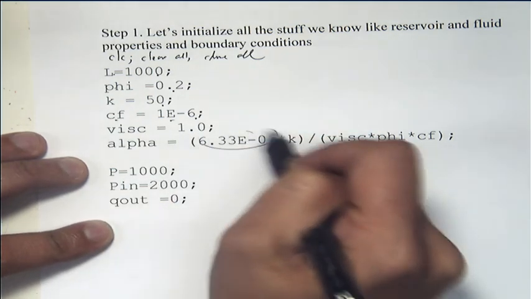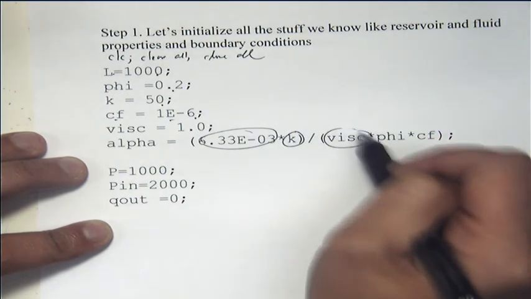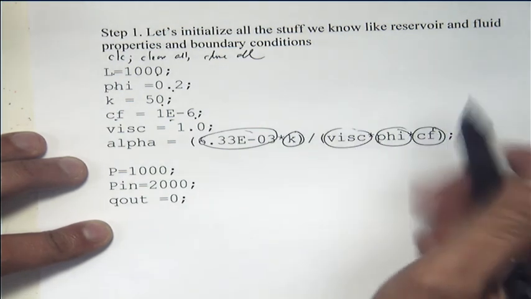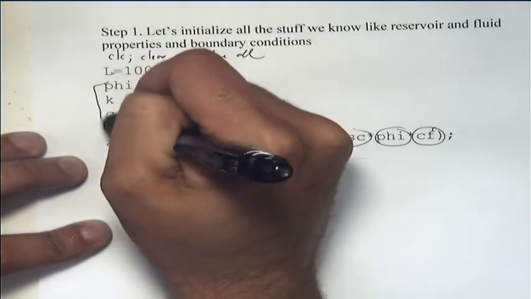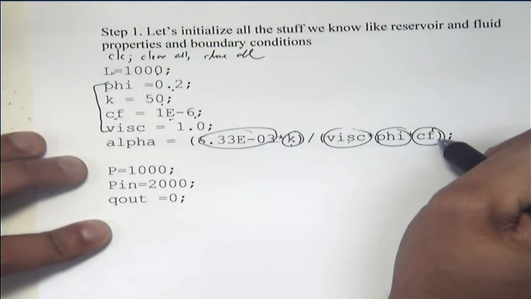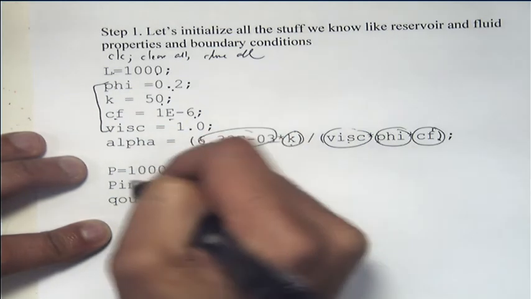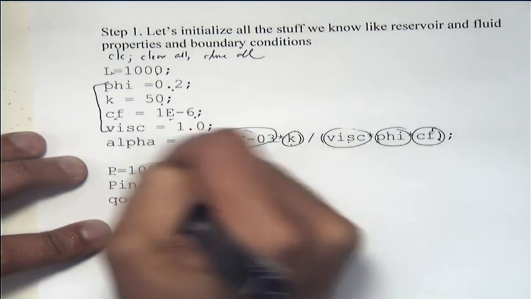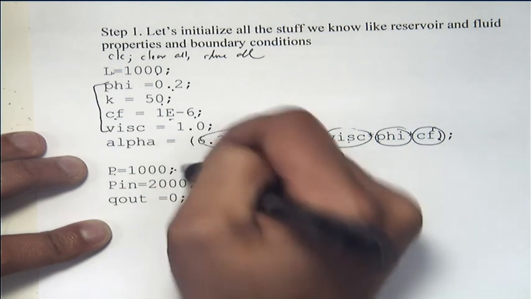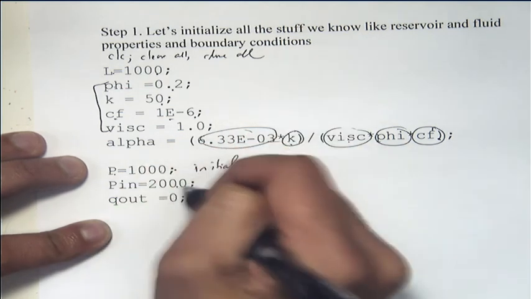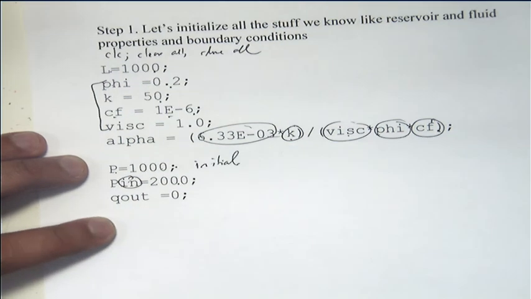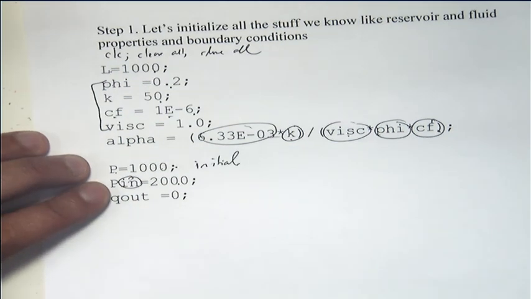Alpha is, with our conversion constant, K divided by viscosity, porosity, c_f. Keep in mind, I've already defined all four of those things, so it'll be able to calculate alpha. My initial pressure is 1,000. This is the initial pressure. This is my inlet pressure on the left, that's why I called it PN. Maybe that was a bad name for it, because it looks like initial pressure.